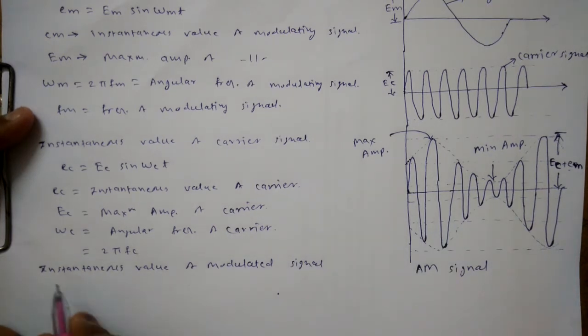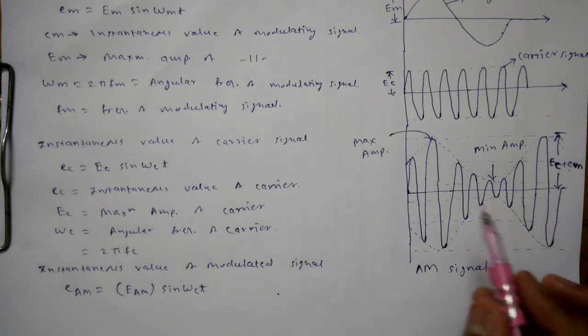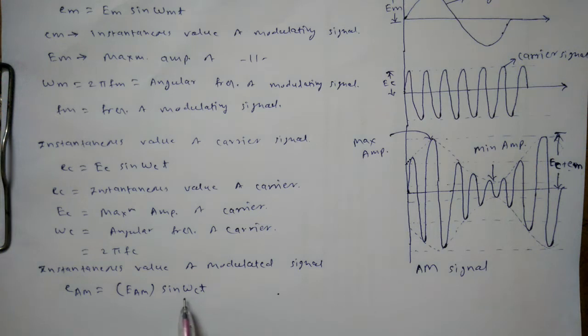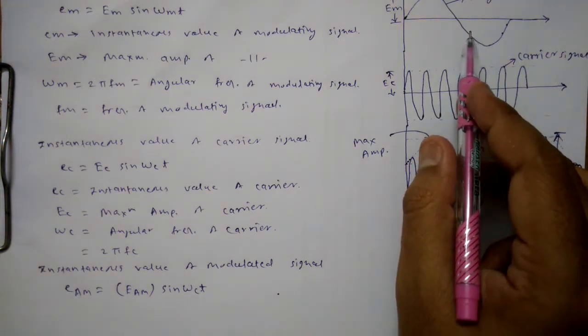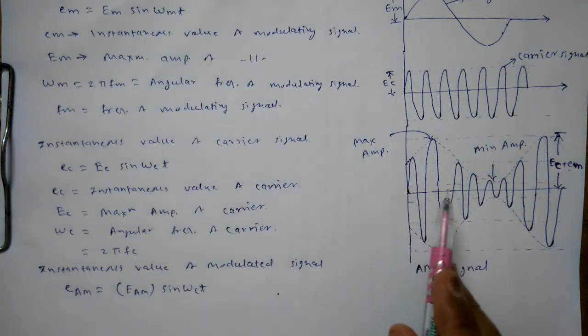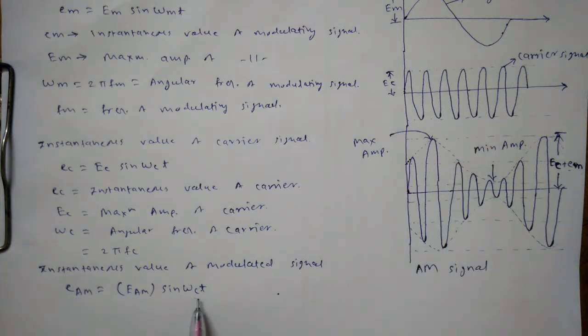So it can be given like eAM equals EAM sine omega c t, because it should be remembered that after modulation the frequency of the modulated signal is the same as that of the carrier signal. That's why here I am writing omega c t. For the modulating signal I have taken omega m t, for the carrier signal omega c t, and as the frequency of the modulated signal is the same as the carrier signal, omega c t is taken here.